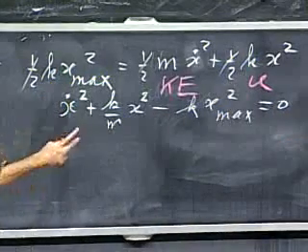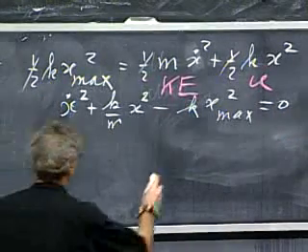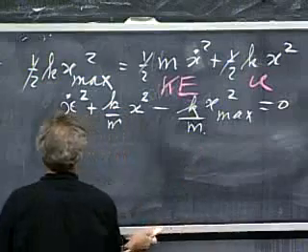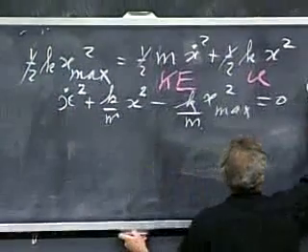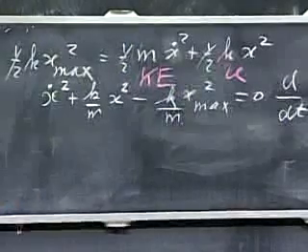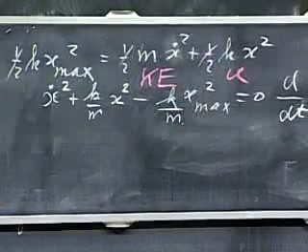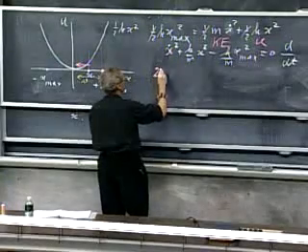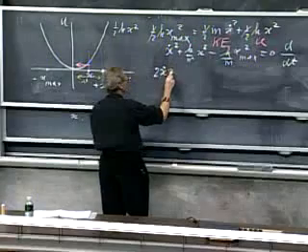Did I do that right? Yes. I divide, and there's an m here, and the m has to be here. And now I'm going to take the time derivative of this equation, and you'll see something remarkable falling in place, just for free. I take the derivative versus time. That gives me a 2 x dot, but I have to apply the chain rule.